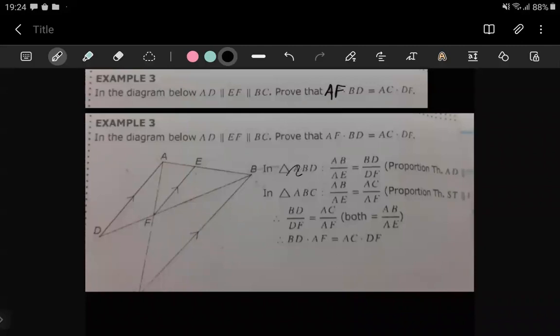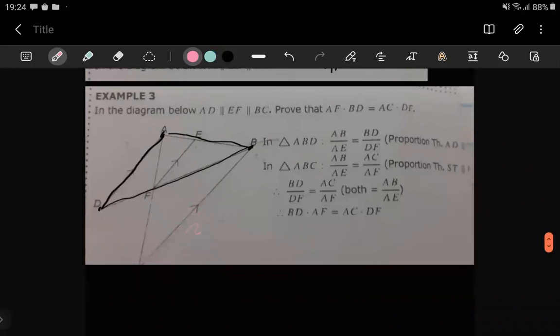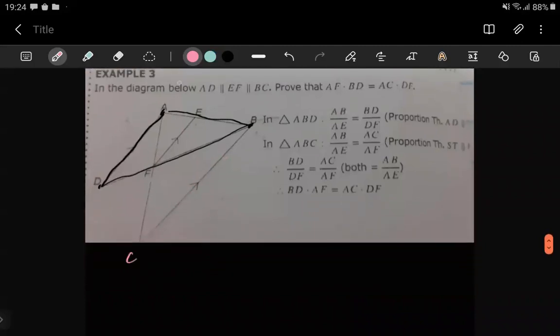They were working with triangle ABD, right? So ABD, they were working with that big triangle, which is also a triangle that we mentioned. Secondly, they were working with triangle ABC, which is the big one here also.